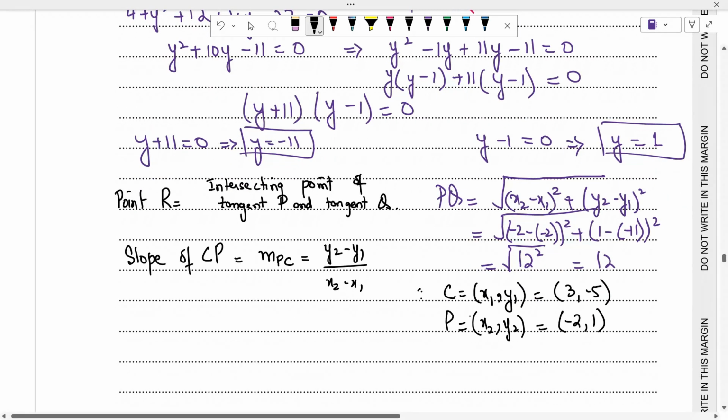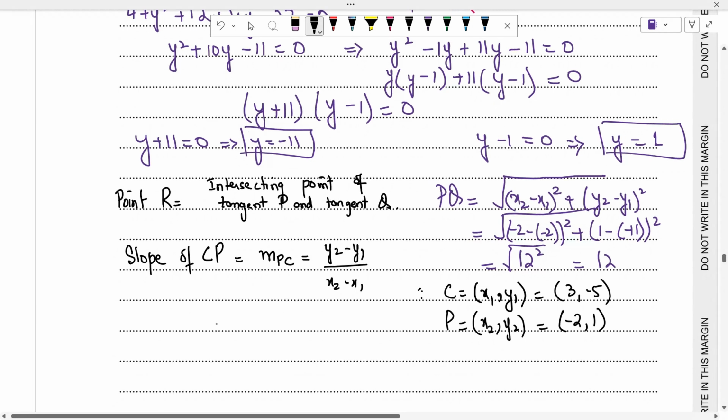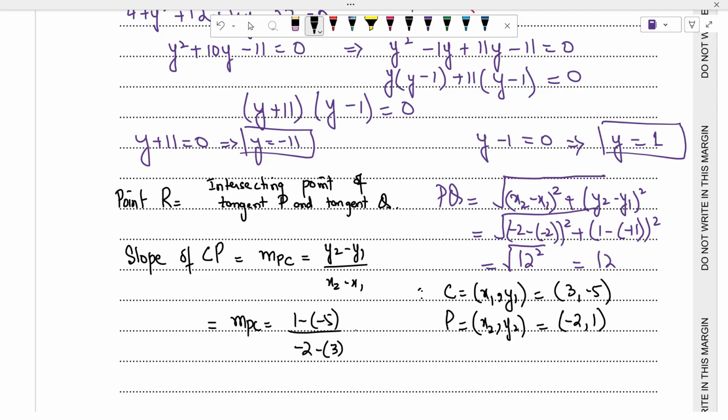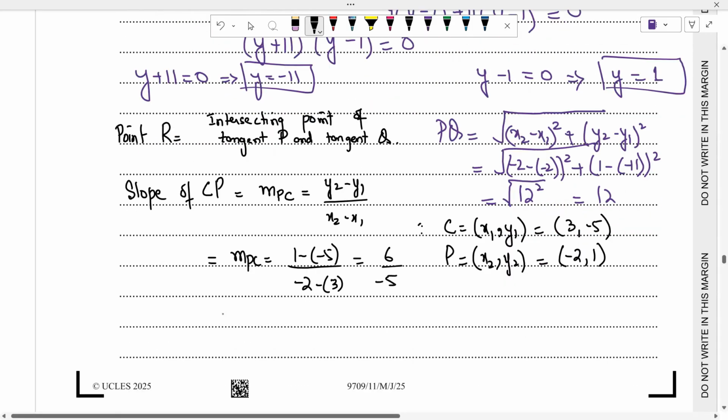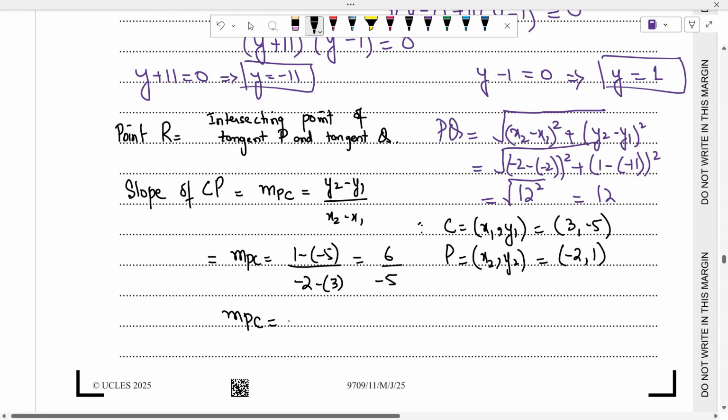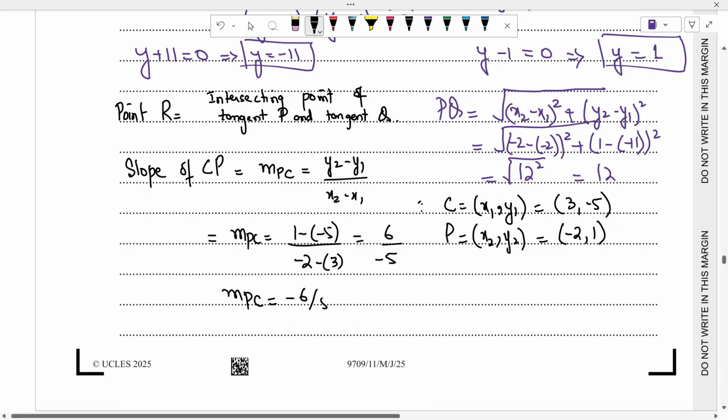So plugging these values in to find the slope of CP, MPC is equal to (1 minus negative 5) over (negative 2 minus 3). And this is equal to 6 over negative 5. So the slope of PC is negative 6 over 5.